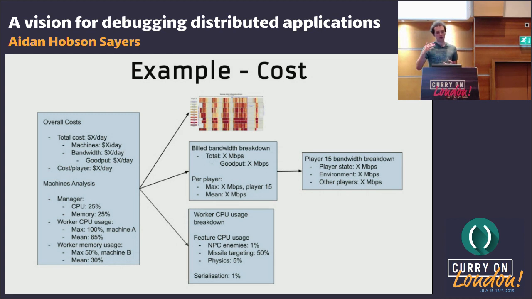Finally, if you wanted to look at worker CPU usage, generally that will be in your simulation step. You might want to look into, well, we've got non-player character enemies taking 1% of the CPU time, missile targeting taking 50%, and physics taking 5%.